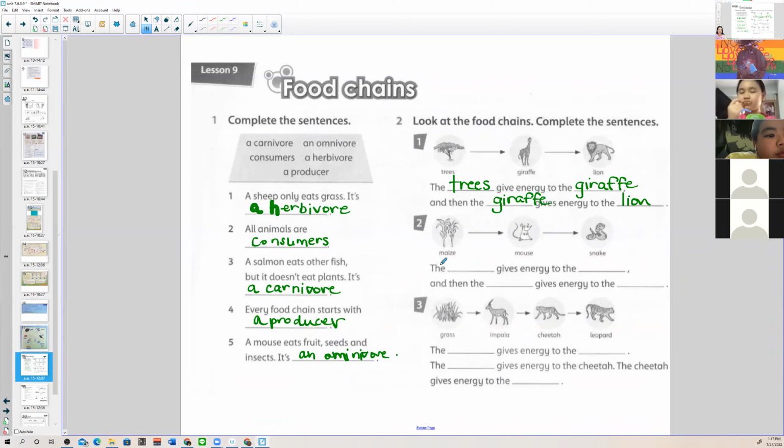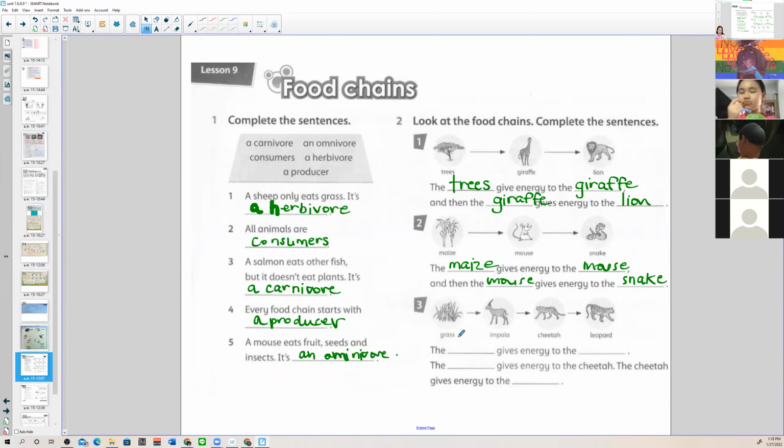Number 2: the mussel gives energy to the mouse, and the mouse gives energy to the snake.